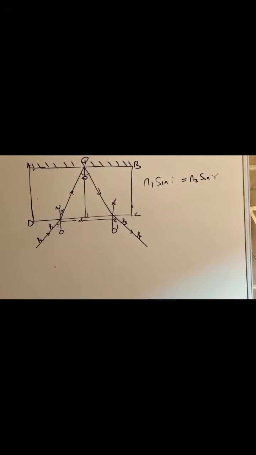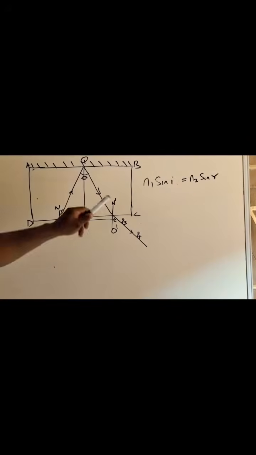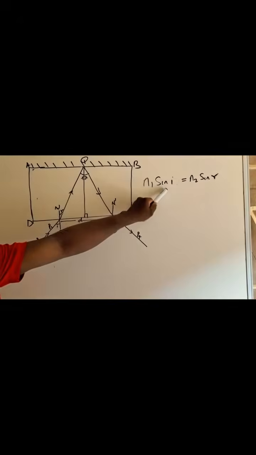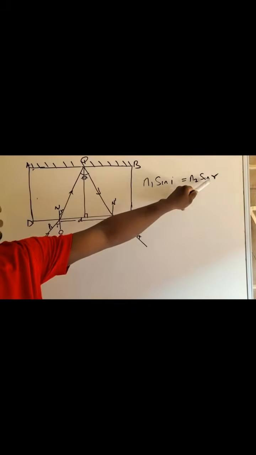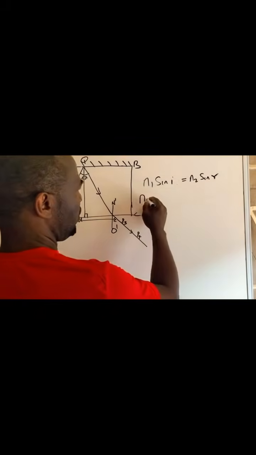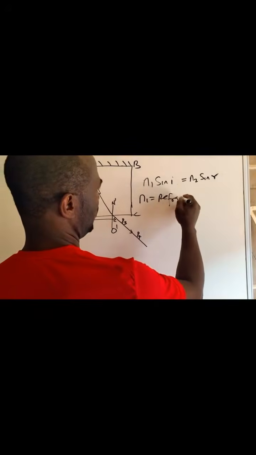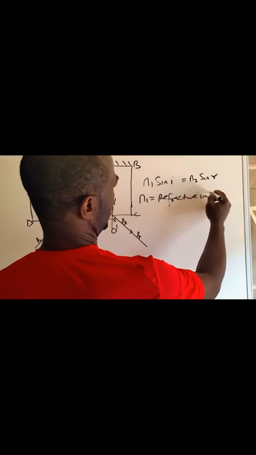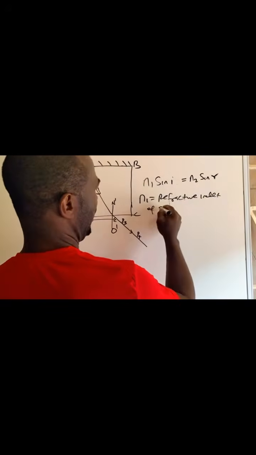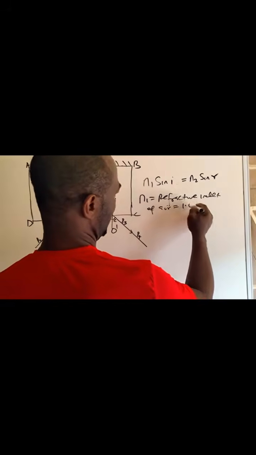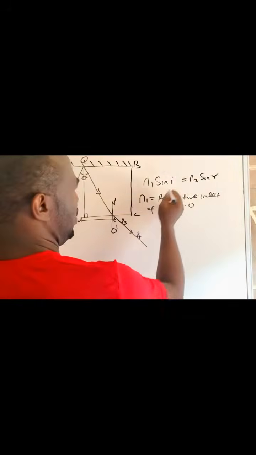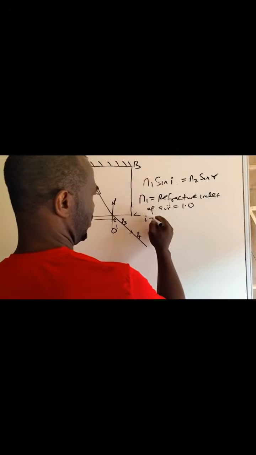We can see the formula on the board: n1 sine I equals n2 sine r, where n1 is the refractive index of air, which is always approximately 1, and I is the angle of incidence.